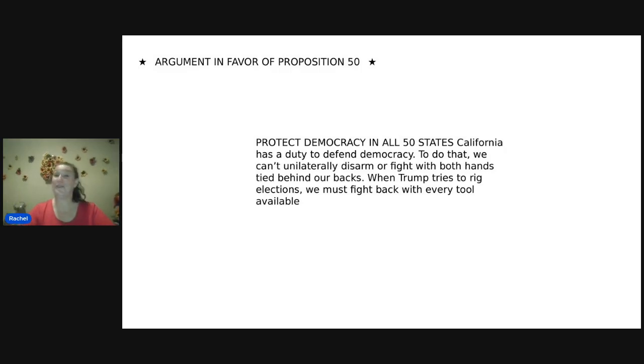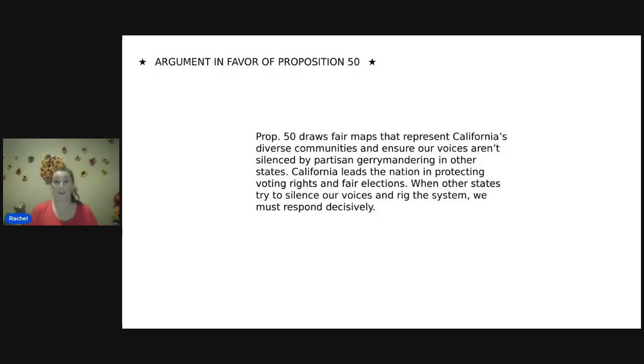California has a duty to defend democracy. To do that, we can't unilaterally disarm or fight with both hands tied behind our backs. Well, you get a good martial artist. When Trump tries to rig elections, we must fight back with every tool available. Prop 50 draws fair maps that represent California's diverse communities and ensure our voices aren't silenced by partisan gerrymandering in other states.